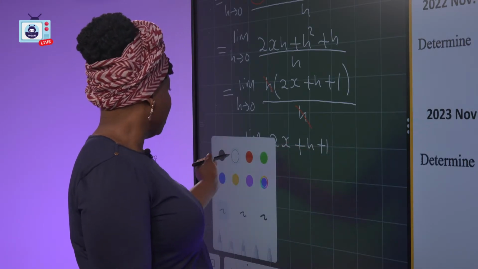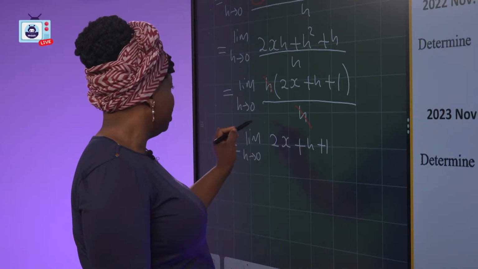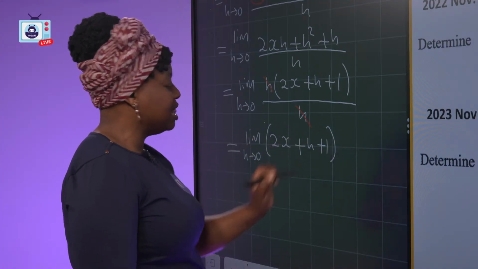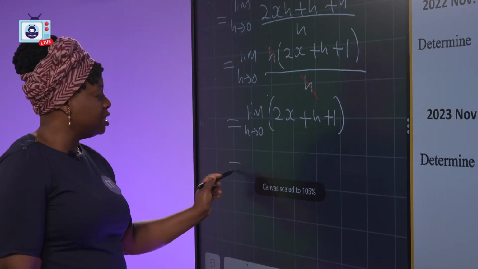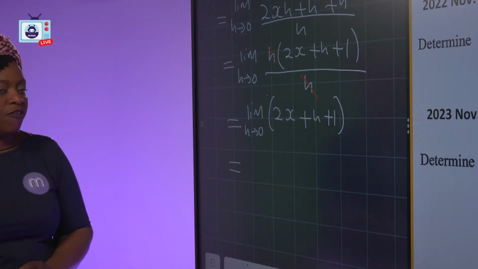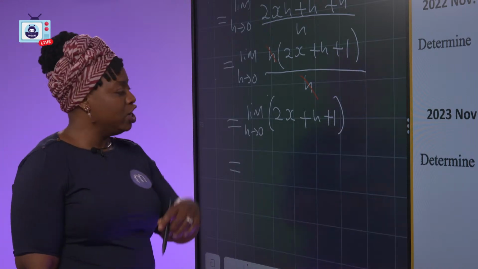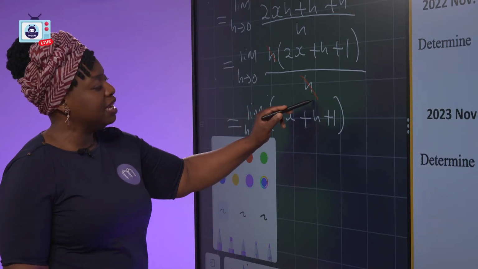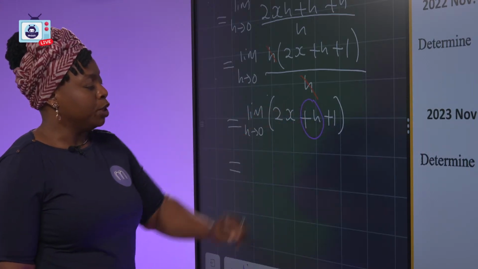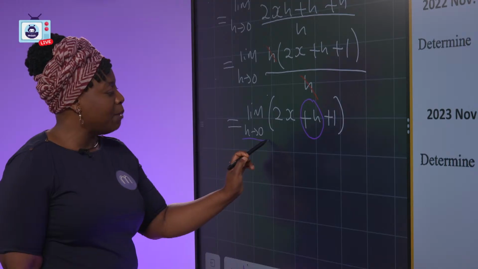Usually we just put them under a particular bracket so that we can remember that this is one thing altogether. So all the time when you reach this space, any h that you still see at this point, we tend to make it a 0, because we are saying that h is approaching 0.